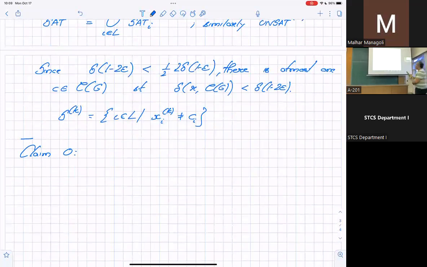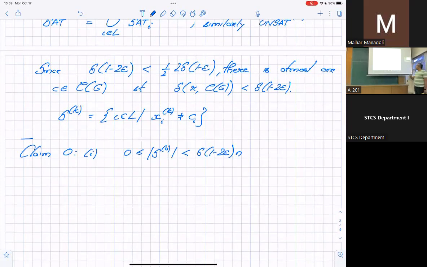Notice that the first claim is about S_k. For S_0, we are guaranteed that this is less than delta into 1 minus 2 epsilon. Okay. That's the claim.